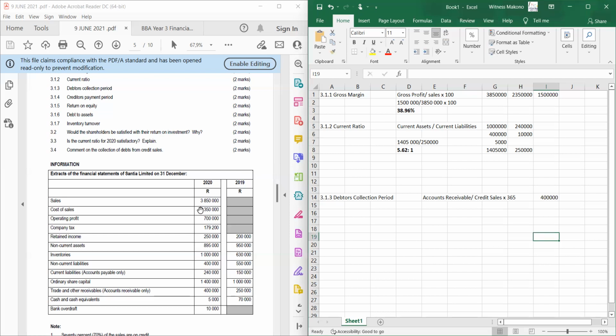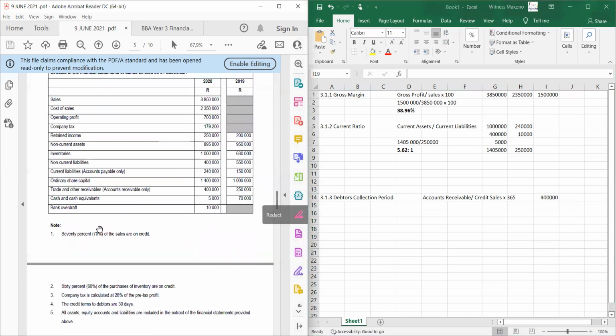We have got sales here as 3,850,000, but we are not sure whether this is credit sales or cash sales. So let's look at some notes. It says here 70% of the sales are on credit. So you come here and say 0.7 times your sales, which is this one.